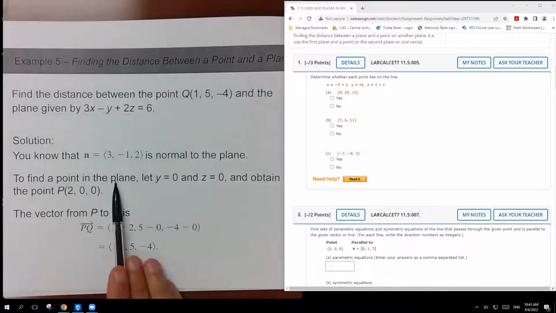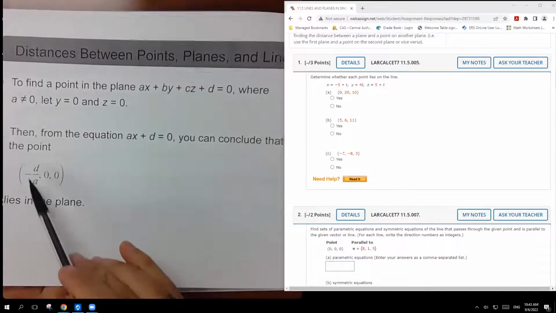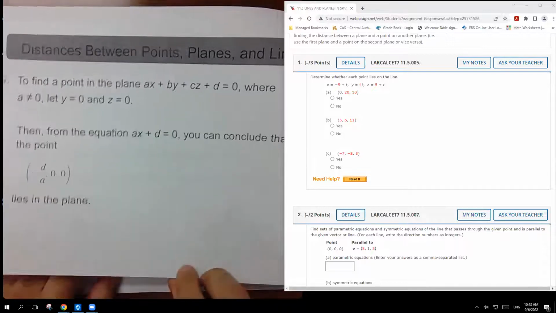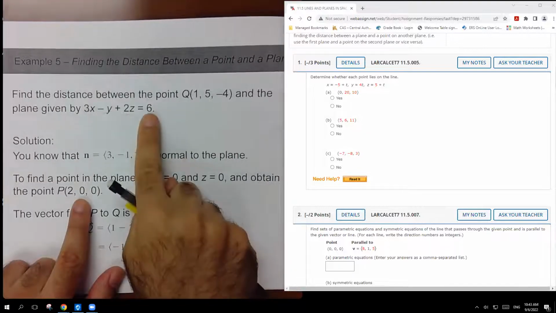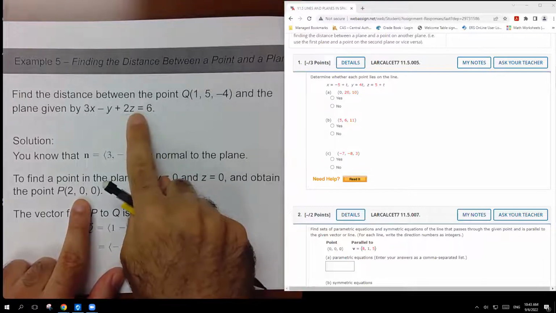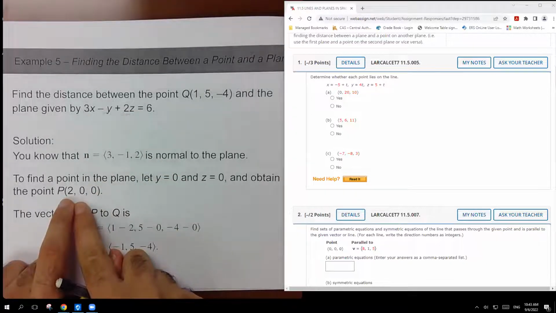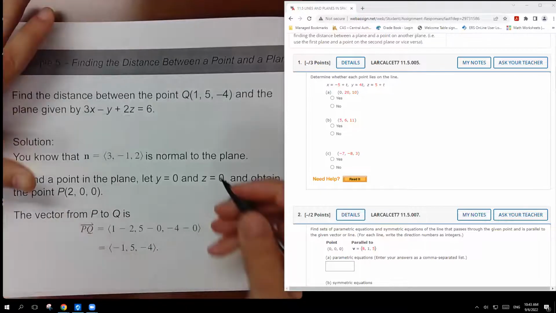To find a point, how are we going to find it? It's a random point. By using negative d over a, let's check that. Here is the d. So it'll be negative 6 over negative 6, because d is here, over a, which is 3, so it's going to be 2. This is the easiest way to choose a random point.